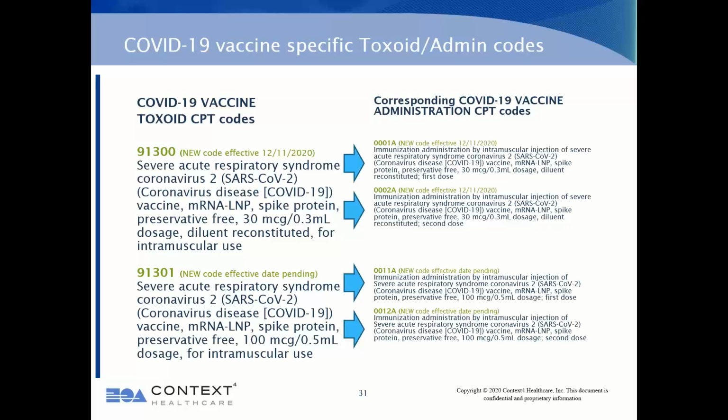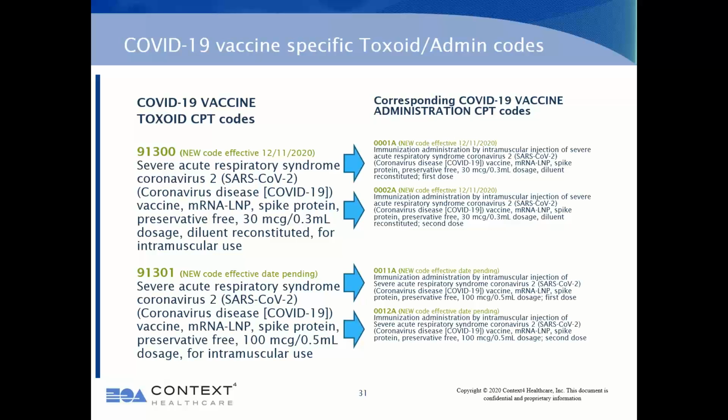Due to the emergent nature of the release of these 6 new COVID-19 vaccine codes, they did not make it into this year's CPT book either. To report the COVID-19 vaccine toxoid manufactured by either Pfizer or Moderna, use 91300 or 91301 respectively.